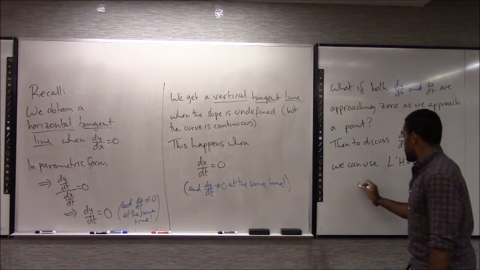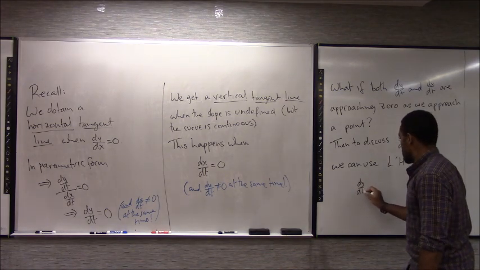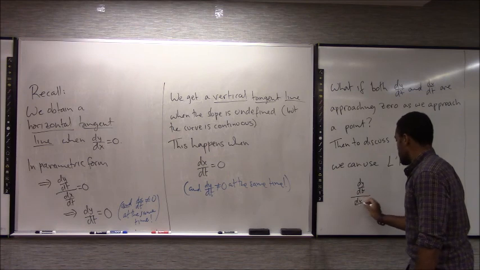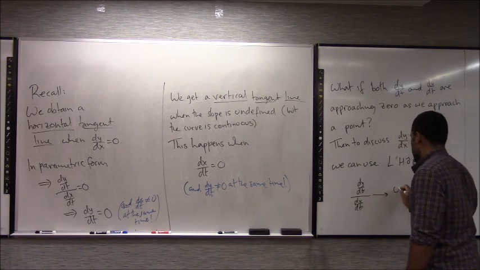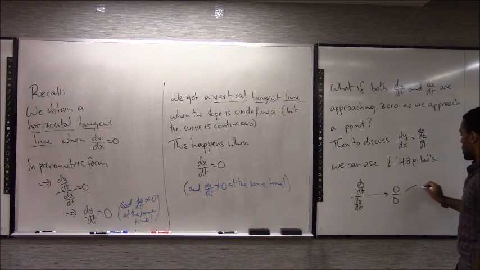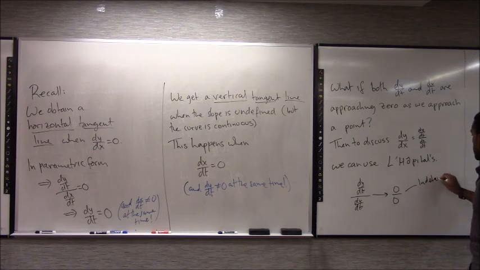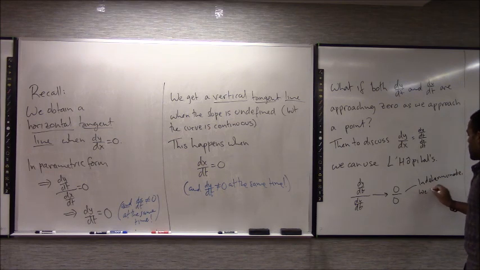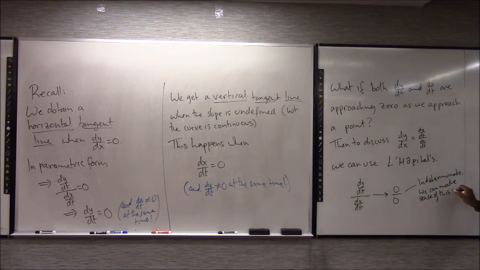In the case that your dy/dt over dx/dt is approaching 0 over 0, this is indeterminate. We can make sense of this using L'Hopital's, because that's actually one of the forms where L'Hopital's works, assuming the function itself is continuous.